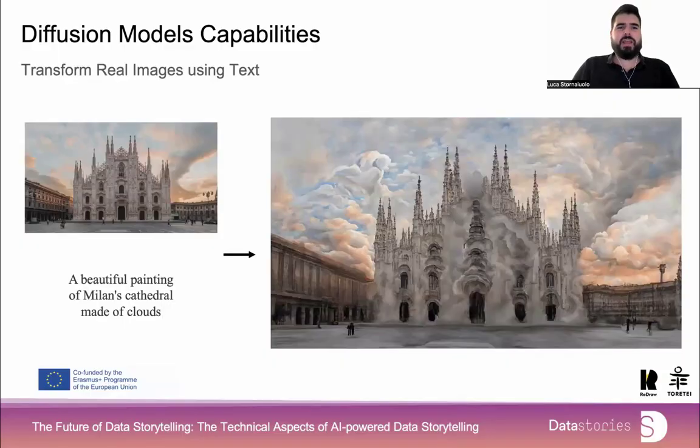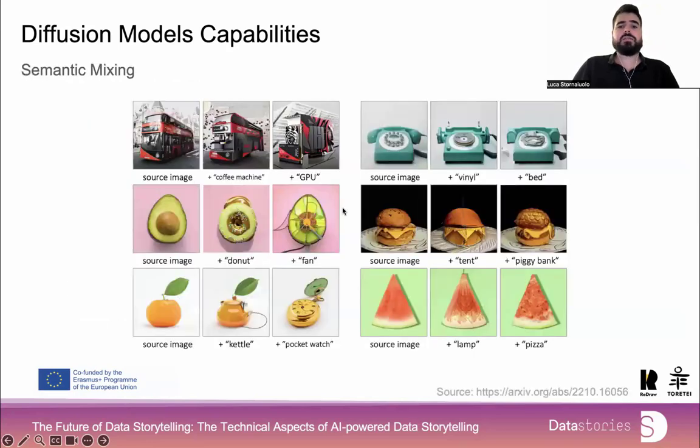The next capability I want to present to you is the ability to transform an entire picture used as an input by using text. In this example, the Milan Cathedral is transformed entirely by using this prompt. And thanks to this capability, it is also possible to create a semantic mixing of pictures.